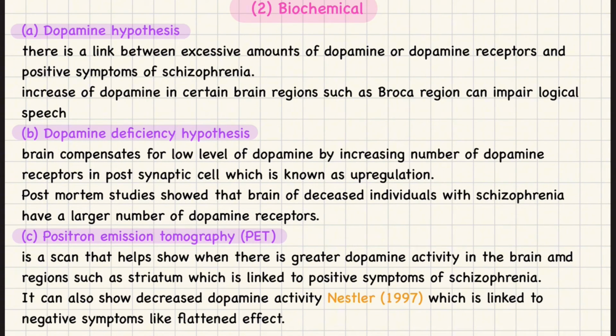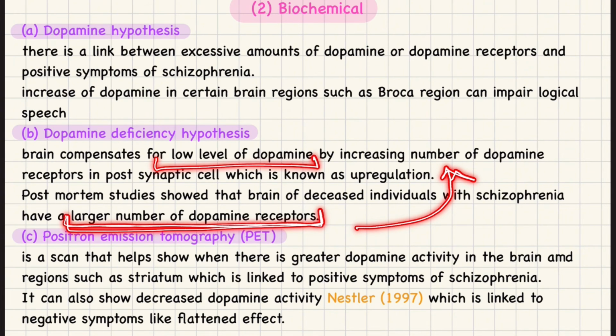And what is the evidence that this may be linked to it? Post-mortem studies were done on deceased individuals that had schizophrenia. The brain scans of these people showed that they had a large number of dopamine receptors, which brings us back to the dopamine deficiency hypothesis: when you have a low level of dopamine, the brain increases the number of receptors.